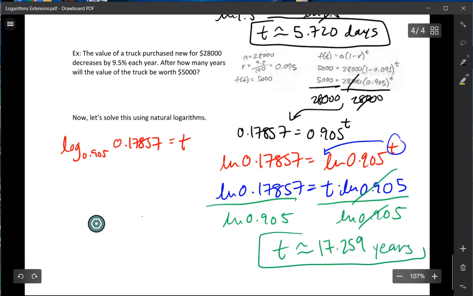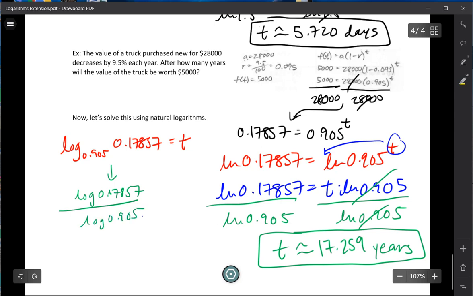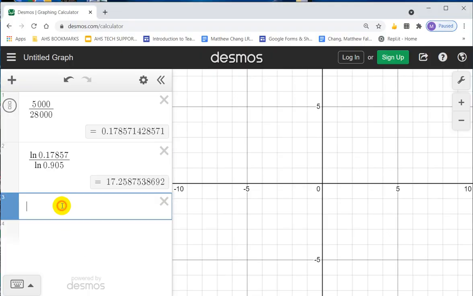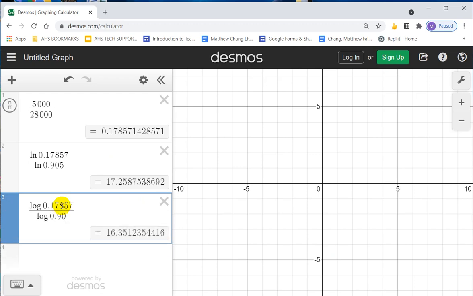Similarly, as I showed you here, this is the same thing as log of 0.17857 divided by log of 0.905. If you did that instead, log 0.17857 divided by log 0.905, you're going to get the same result.